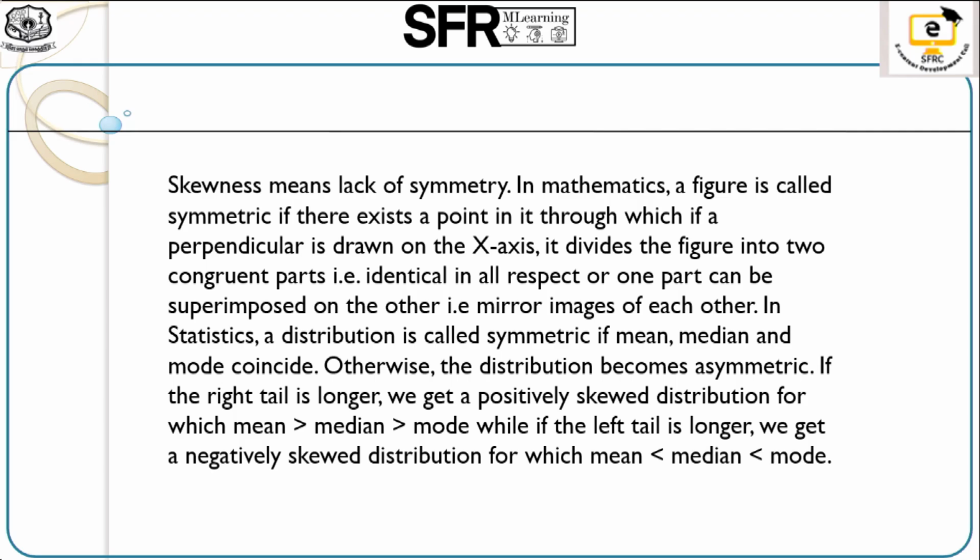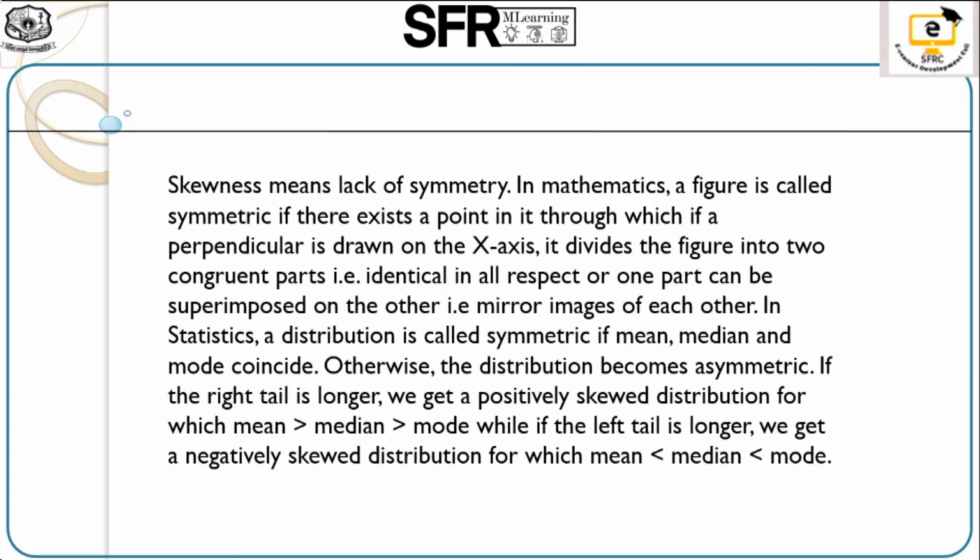Now let us know about the positively skewed distribution. Already in the figure we showed that the right-tailed distribution is called positively skewed and the left-tailed distribution is called negatively skewed. If the right tail is longer, we get a positively skewed distribution. In this distribution, the relationship is mean is greater than median, and median is greater than mode.